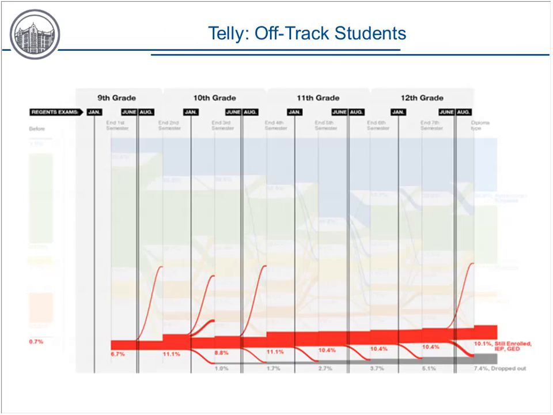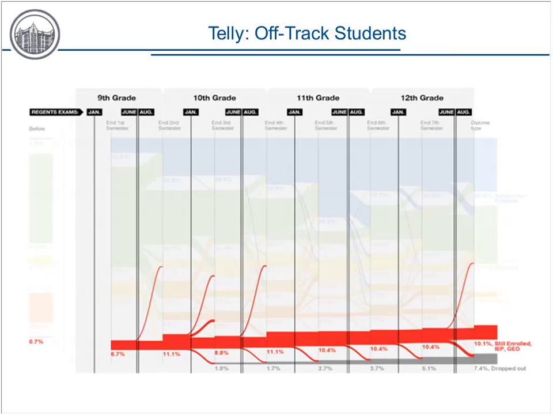And at the other extreme, here we are looking at Tele's stock and flow patterns of their off-track students. One of the things that we believe here is that the blue that we just saw and the red are connected in some way. That if you really want to create a high-performing school where every kid can reach the career and college-ready aspirations, well, we have to do that by also addressing these kids who are far off track.